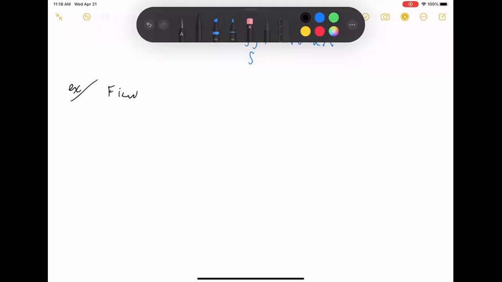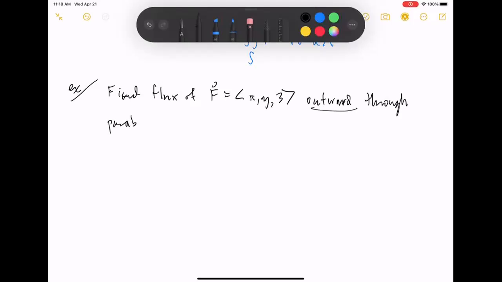Find the flux of F equal to X, Y, 3, outward, through the paraboloid Z equal to X squared plus Y squared.